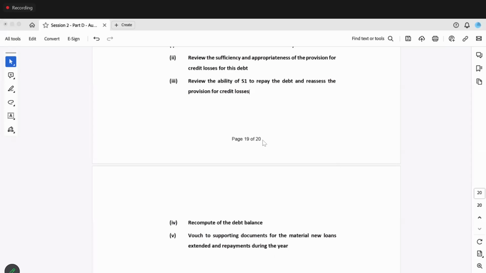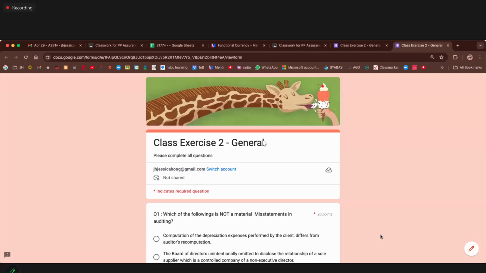So I've shown you the next class exercise. And when you click the Google form, you were able to see the header that has a giraffe, all right? It looks something like this. Let me share with you how the form looks. So I give you 10 minutes to answer, and then we quickly do a debrief, and then we will end the class. So it looks something like this, right?